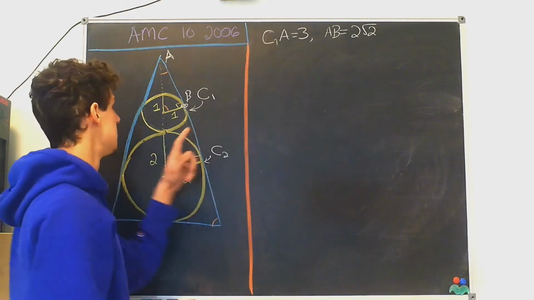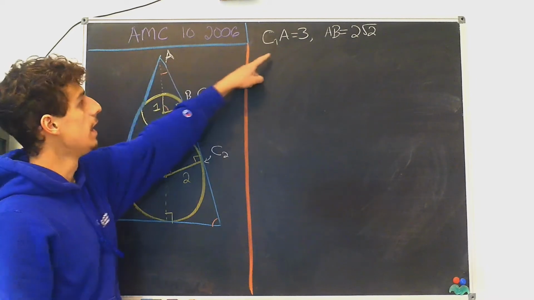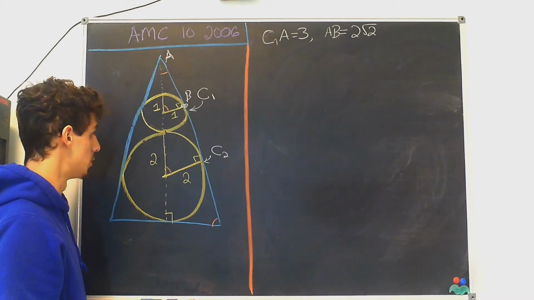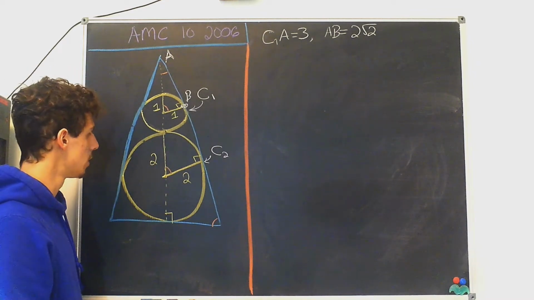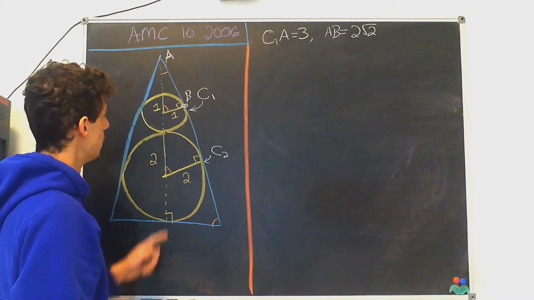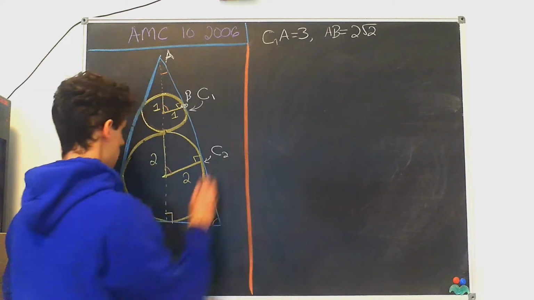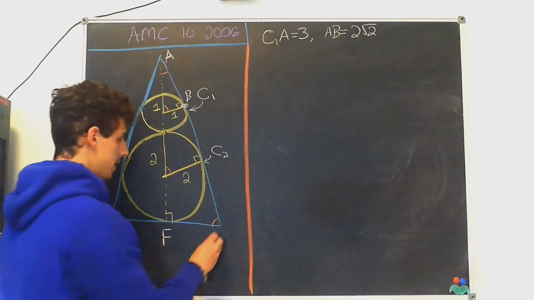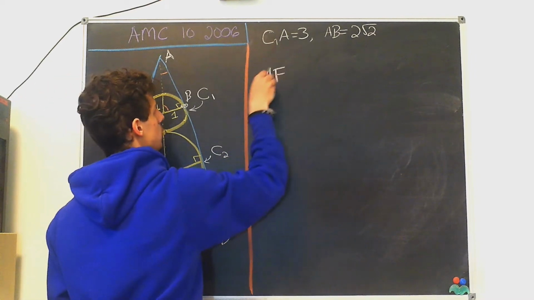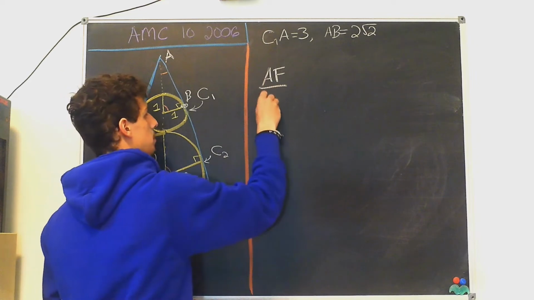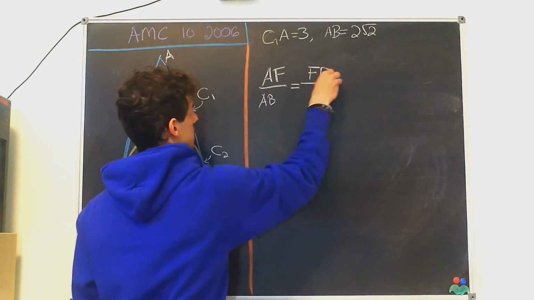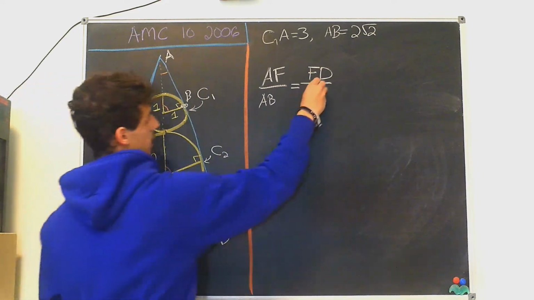I've noted that C1A, this length of the triangle here, is 3, and AB, this blue side of this triangle, is 2 times the square root of 2. So what we can do is compare the height of this triangle to the AB over here. I'll label the middle of this triangle F and this point of the triangle D. The line segment AF is similar to the line segment AB, and the line segment FD is similar to the line segment of the radius, so that's just 1.